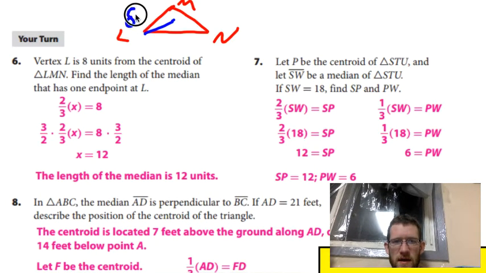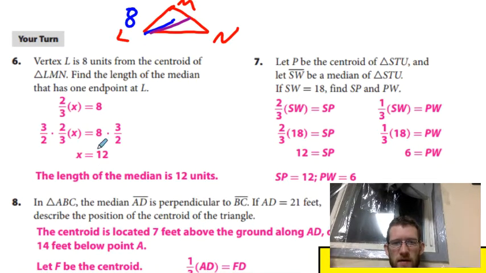We can say that's 8. Find the length of the median that has one endpoint at L. Well, that's this median here. We know that if 8 is 2/3 of the total, we can set up a little algebra problem. 8 is equal to 2/3 of whatever that total is. We can essentially multiply 8 by 3/2, or the reciprocal, because this is 12.